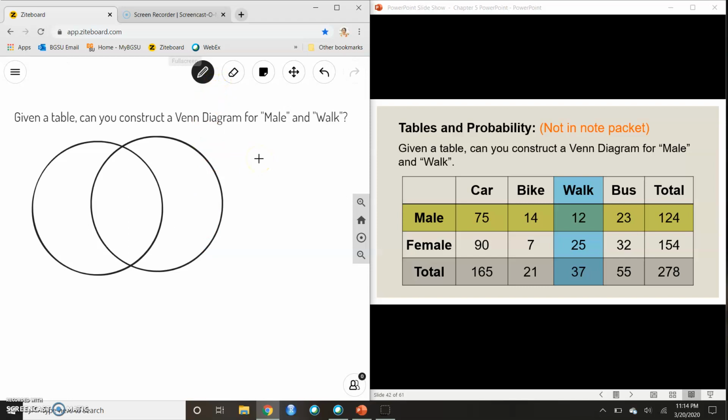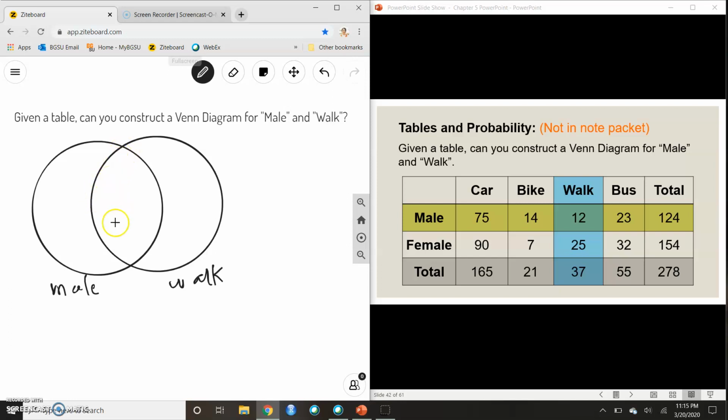So here, I'm going to call my left circle the event male, and I'm going to call the right circle the event walking. So what we want to do is construct a Venn diagram and be able to fill in the frequencies for each of these parts. The reason why I only have 2 circles is because I only have 2 events. If you have 3 events, you'll be using 3 circles. If you have 4 events, you'll be using 4 circles.